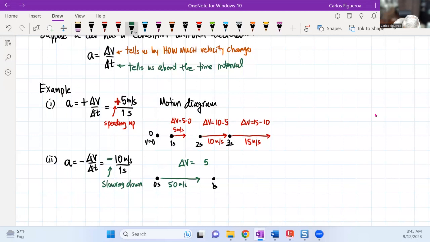It starts at 50 here, and it's going to reduce this by minus 10, which gives me a value of 40. So this guy right here is now moving at 40 meters a second.